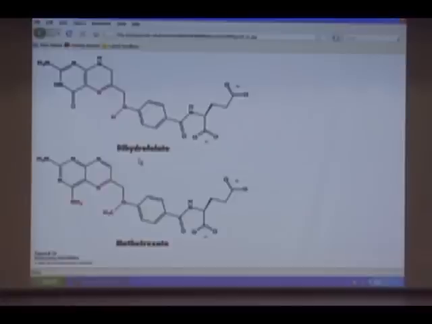They both will fit into the active site. This means that a competitive inhibitor of an enzyme will always look like the normal substrate of the enzyme. You could look at these two on an exam and say, whoa, they look alike. We're talking about competitive inhibition.